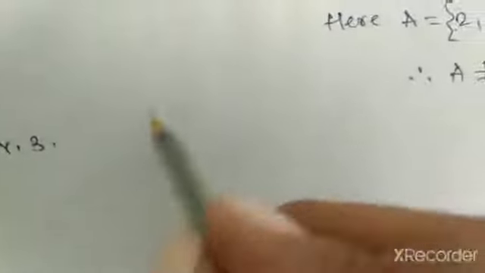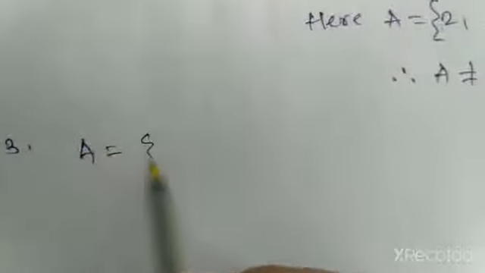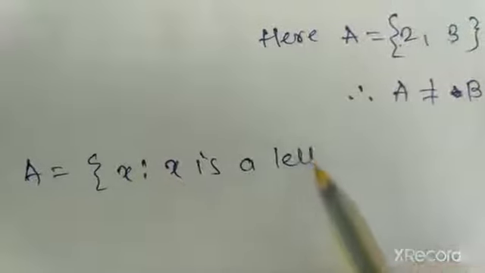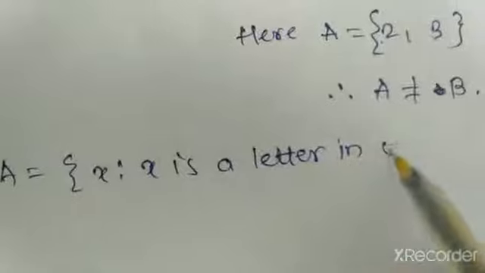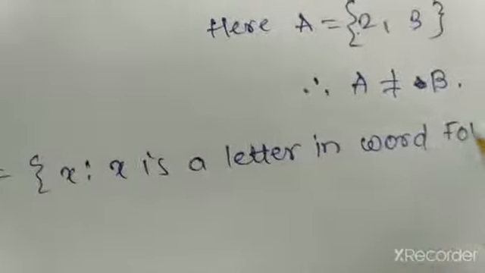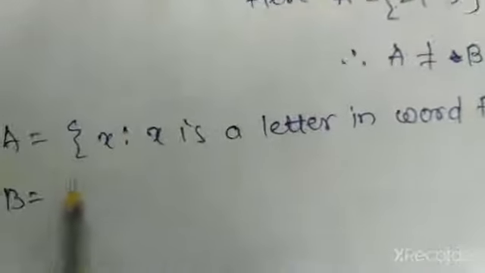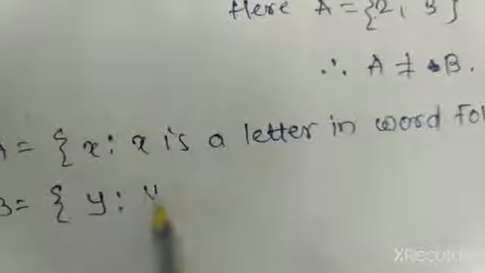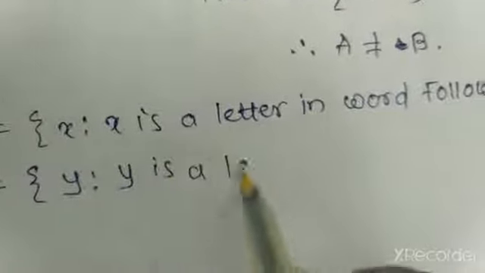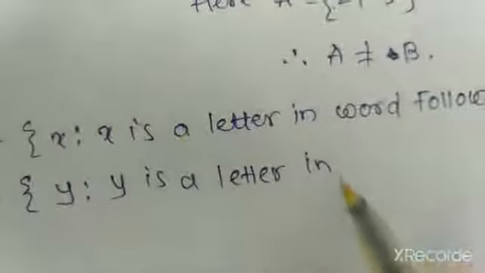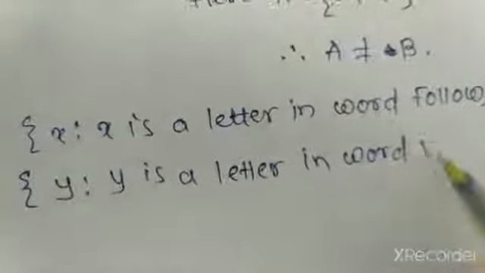Now consider the next example, number 3. A = {x such that x is a letter in the word FOLLOW}, and B = {y such that y is a letter in the word WOLF}.